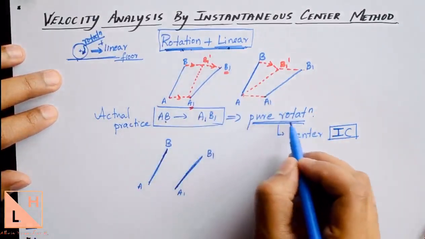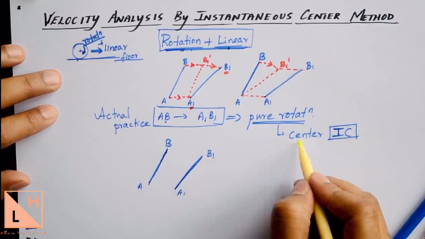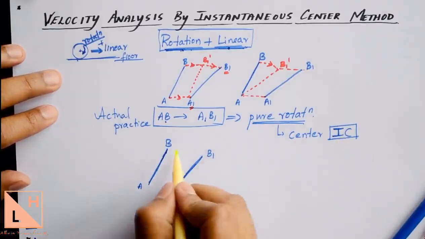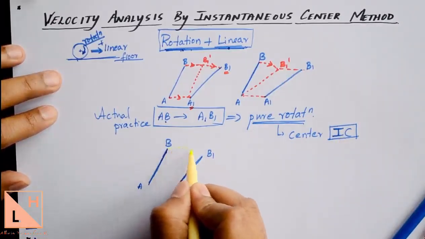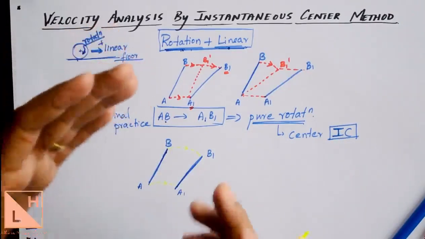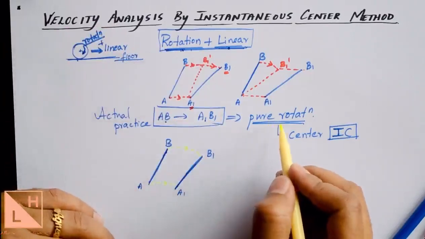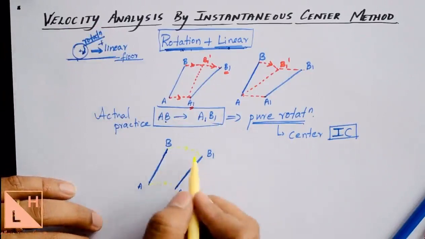So what happens is pure rotation, based on a center called the instantaneous center. The points in the link are going to have pure rotational motion, and this rotation will have a center.